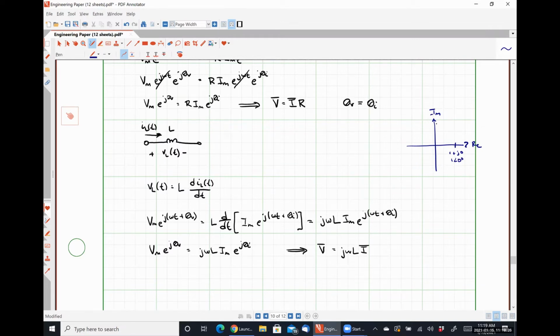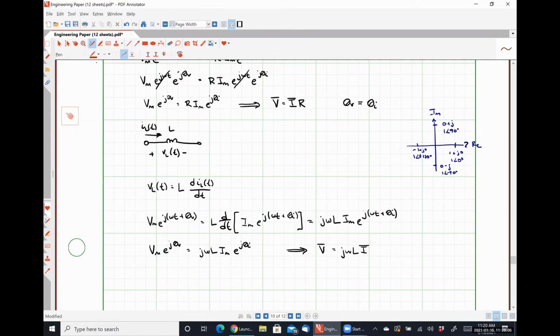Well, if we go up 1 unit in the imaginary direction, in rectangular form, that is 0 plus j, or 1 angle 90 degrees. Negative 1 would be -1 plus j0, which is 1 angle plus or minus 180 degrees. And lastly, -j, or 1 in the negative imaginary direction, would be 0 minus j, which is 1 angle minus 90 degrees.